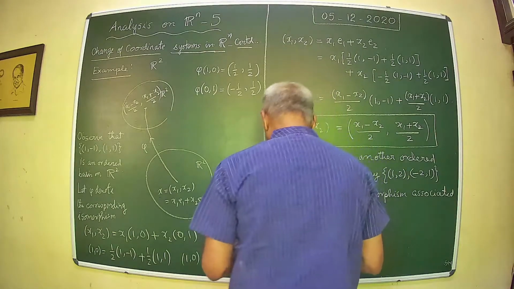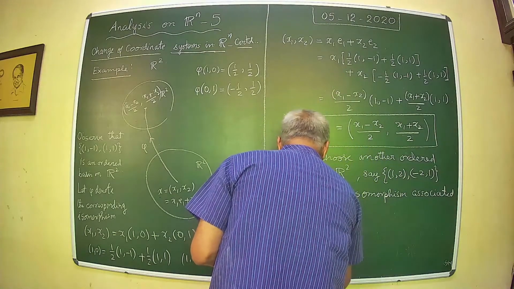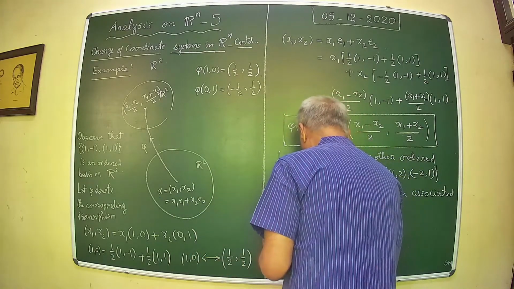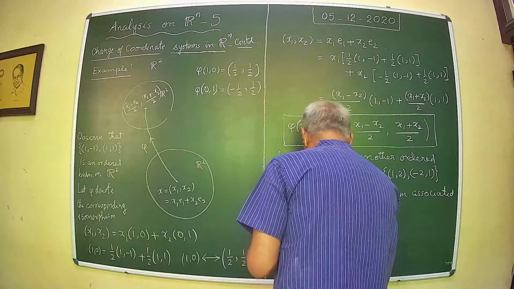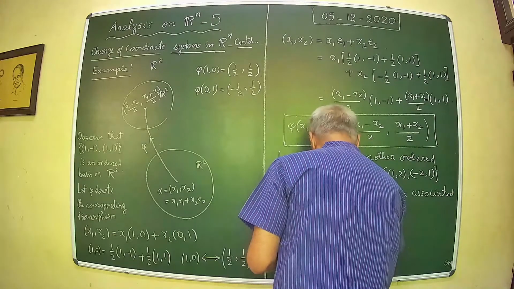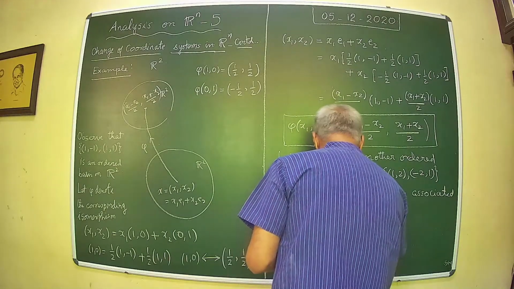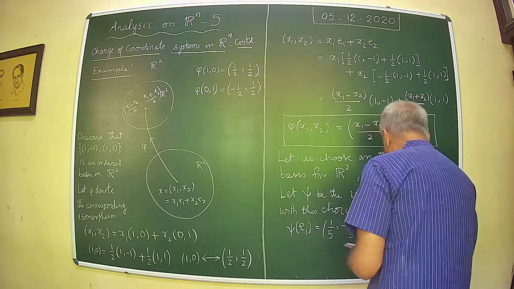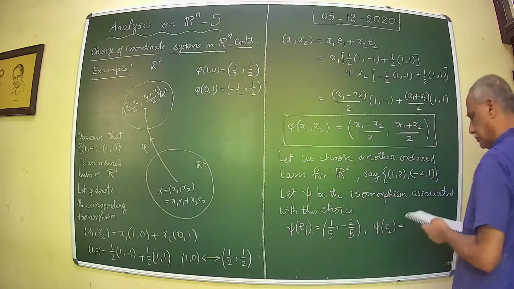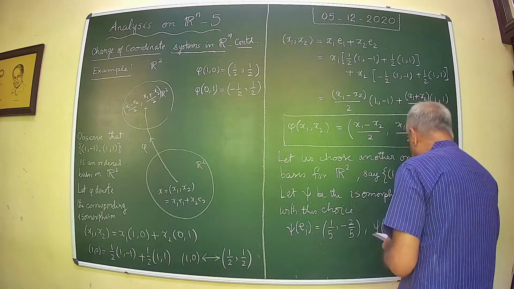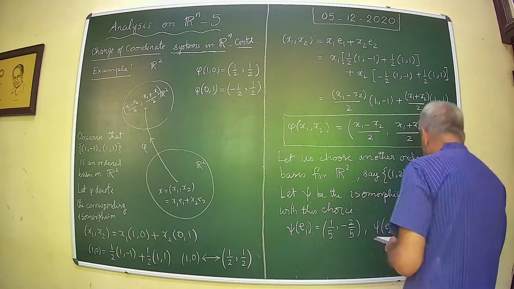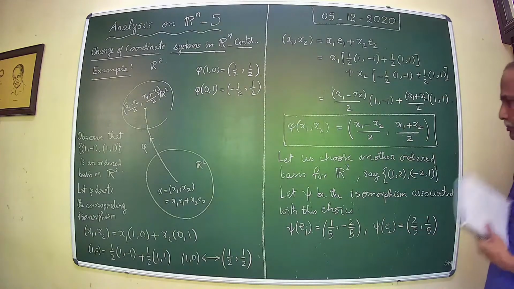Now you see that psi of E1 is equal to (1/5, -2/5), and psi of E2 equal to (2/5, 1/5). These computations you carry through.